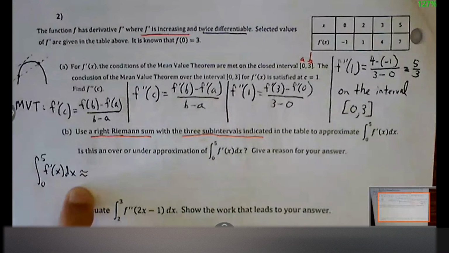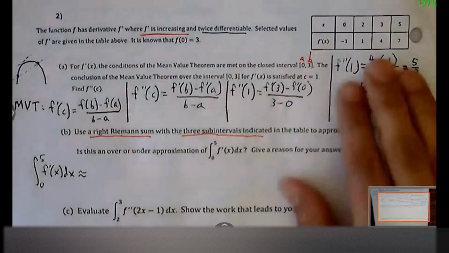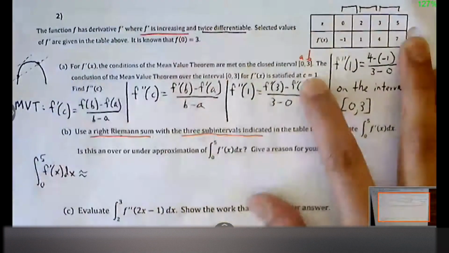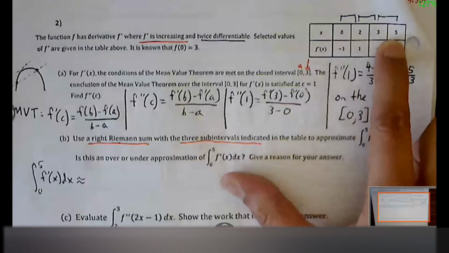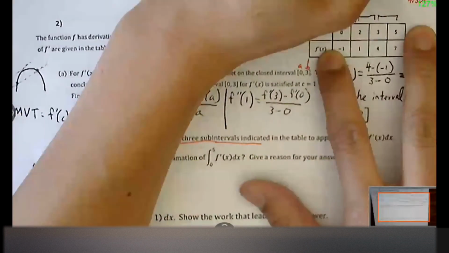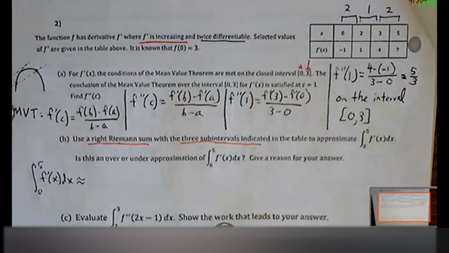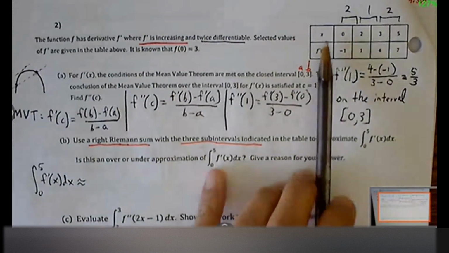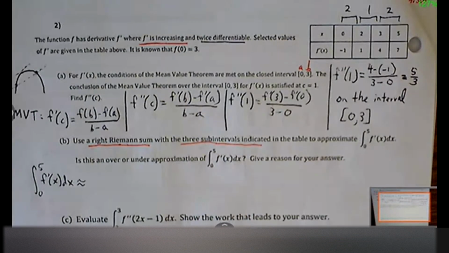Okay, so I'm going to mark my intervals there. Subtract the widths, 2 minus 0, 3 minus 2, 5 minus 3. And then do width times height. I want to choose the right y value of each subinterval to represent the height of the respective rectangles.